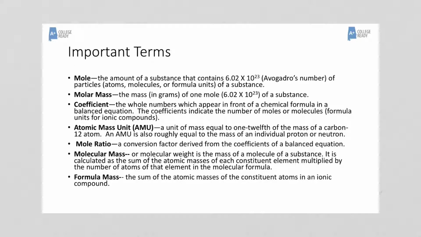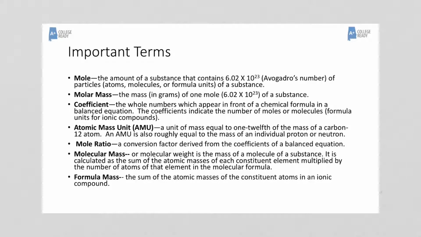A mole ratio is a conversion factor that you derive from a balanced equation, and that mole ratio will allow you to convert from moles of one substance in the equation to moles of another substance in the equation. The molecular mass, also sometimes called the molecular weight, is the mass of one molecule of a substance.